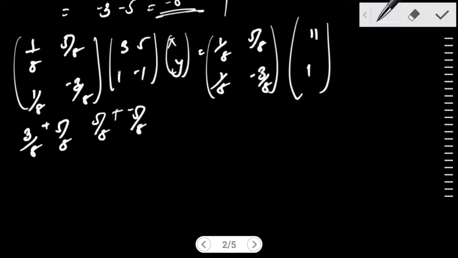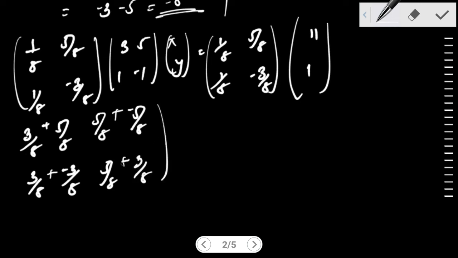So 1 out of 8 times 3 would be 3 out of 8, plus negative 3 out of 8 times 1, which would be negative 3 out of 8. So 1 out of 8 times 5 would be 5 out of 8, and negative 3 out of 8 times 1 would be plus 3 out of 8. So this one is done.